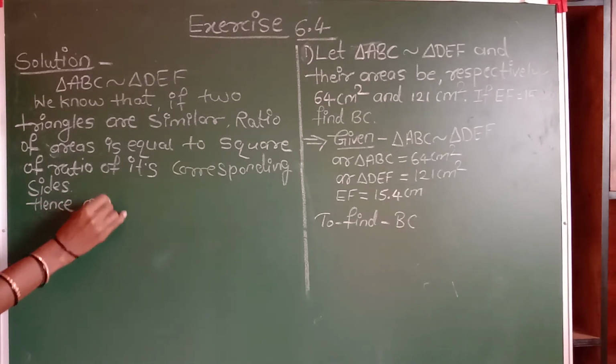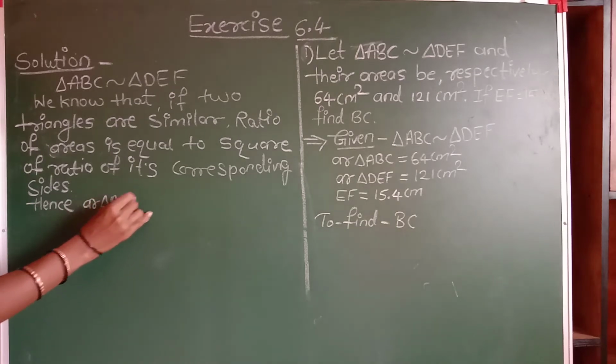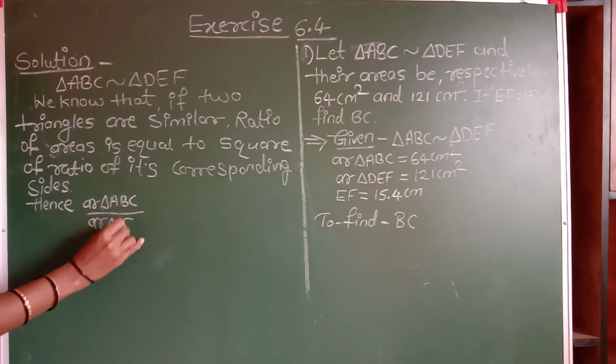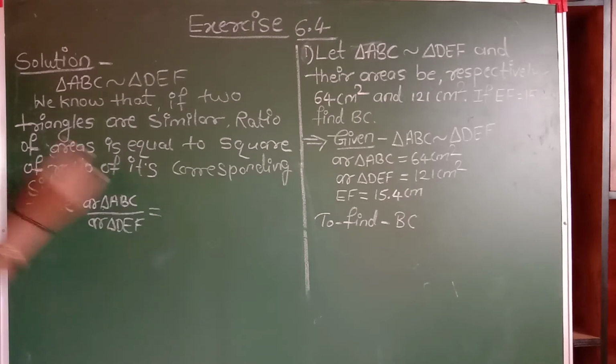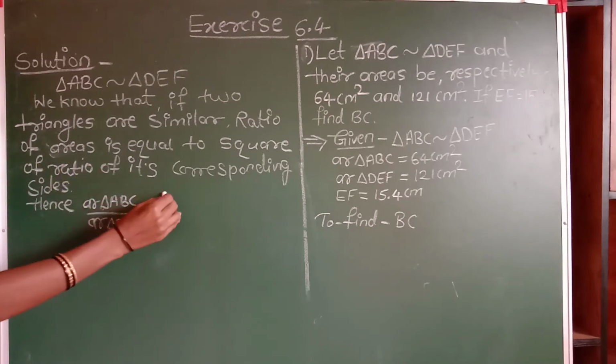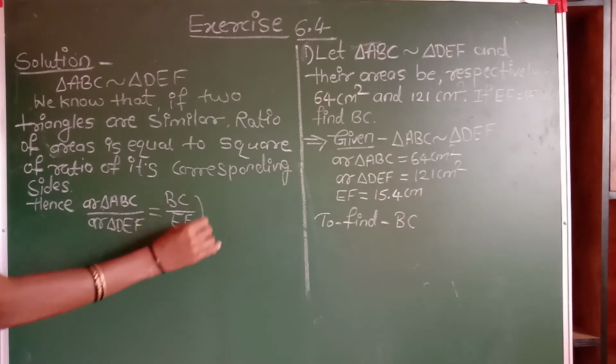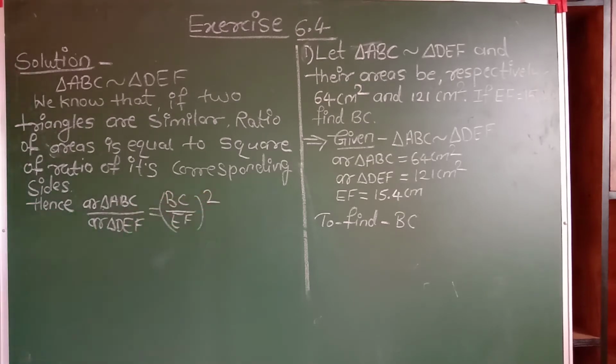area of triangle ABC divided by area of triangle DEF is equal to BC by EF whole square. We can write this. Next, putting the values.